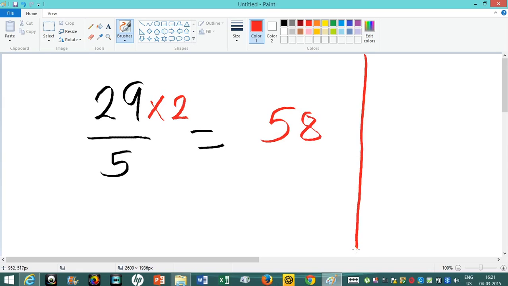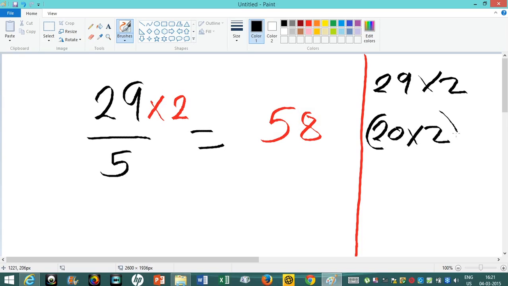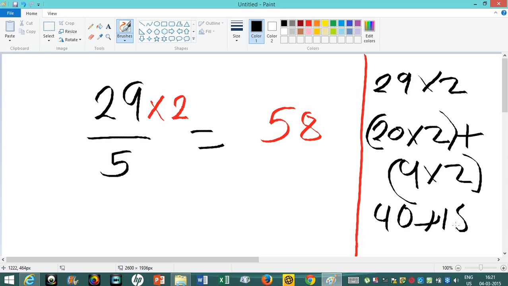If you don't know how to do this multiplication, here's a simpler way: 29 times 2 is 20 times 2 plus 9 times 2. 20 times 2 is 40, and 9 times 2 is 18, so 40 plus 18 is 58.